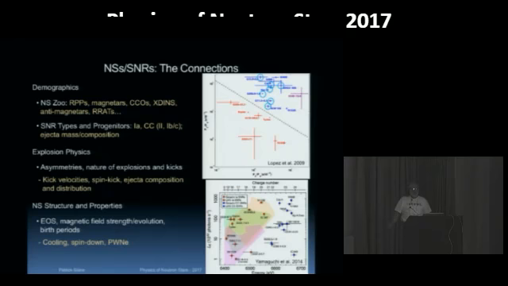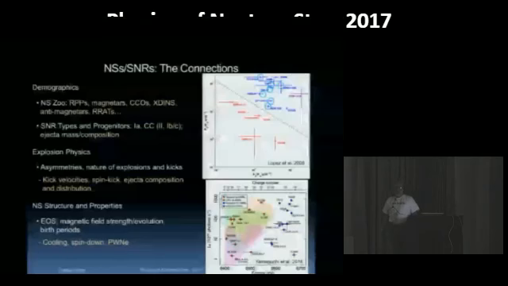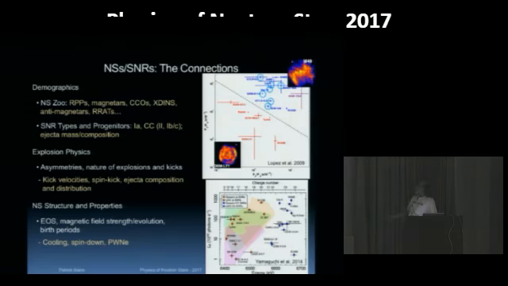Although, as I will point out, and I'm going to skip this plot, it actually does make the point that interactions with the dense and complex surrounding interstellar medium play a big role there as well. But that's the kind of type Ia remnant you get, and that's the extreme case of the geometry of the core collapse ones.